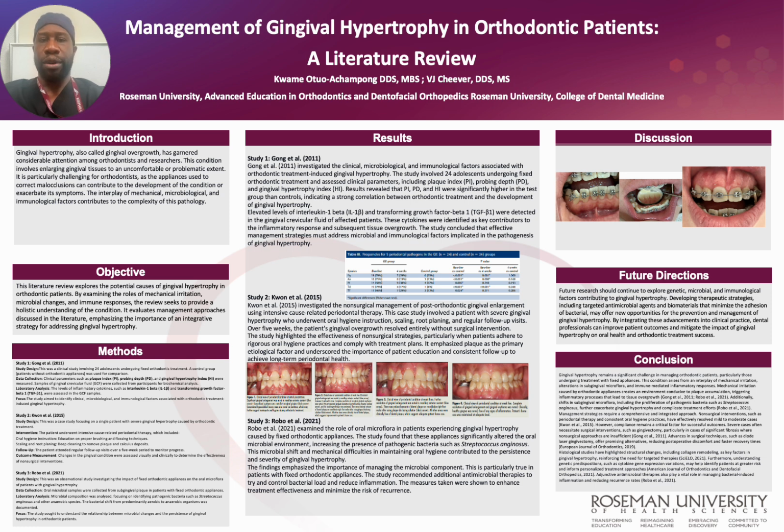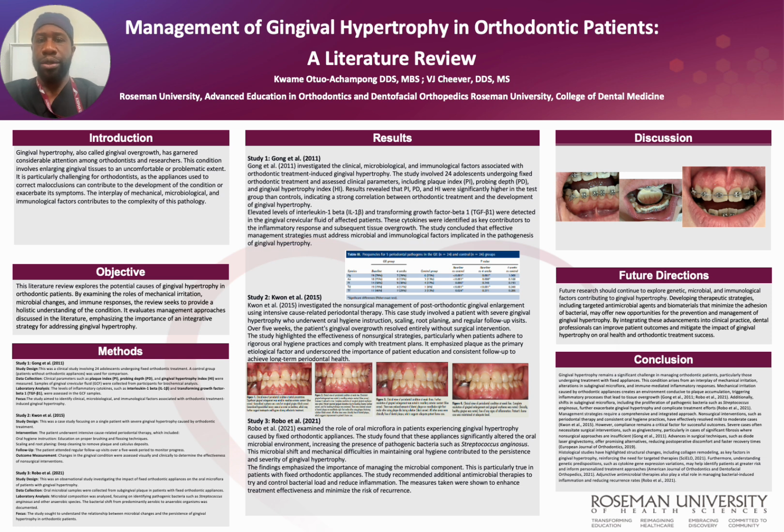The study involved 24 adolescents undergoing fixed orthodontic treatment and assessed clinical parameters, including plaque index, probing depth, and gingival hypertrophy index. Results revealed that PI, PD, and HI respectively were significantly higher in the test group than the controls, indicating a strong correlation between orthodontic treatment and the development of gingival hypertrophy.